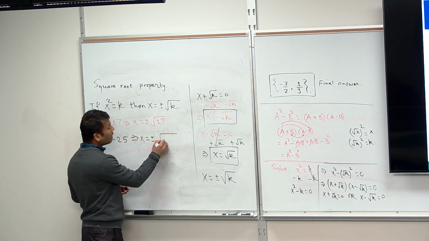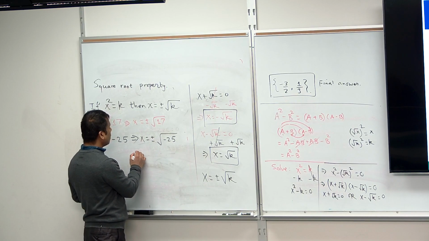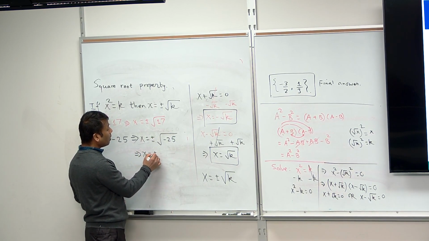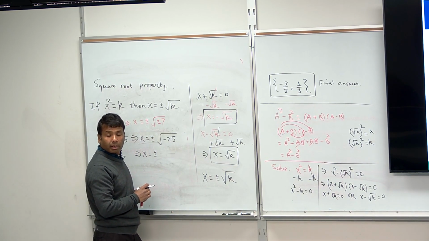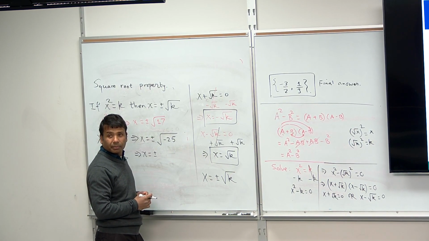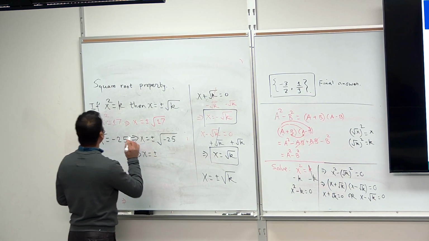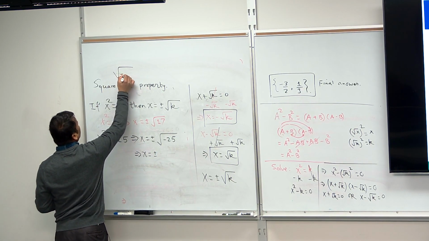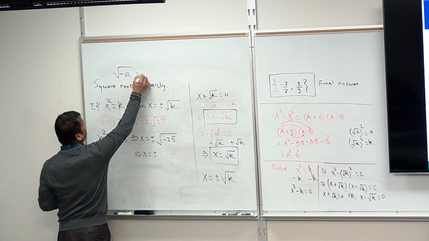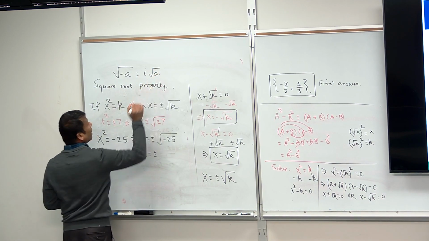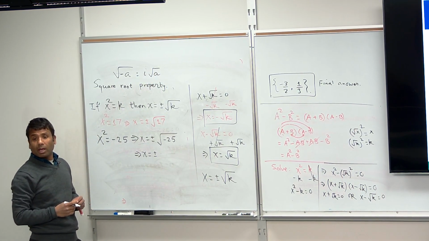Negative 25, okay. So that would be x equal to plus or minus radical negative 25. Now you remember we did that last time. Remember that radical of negative a is i radical a.